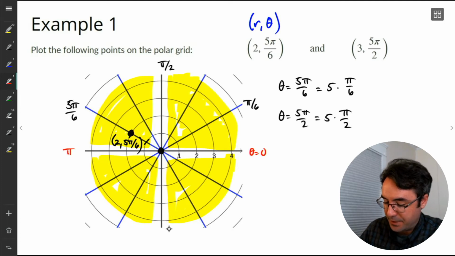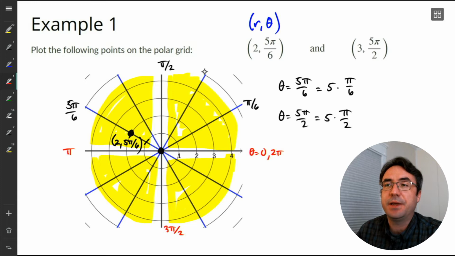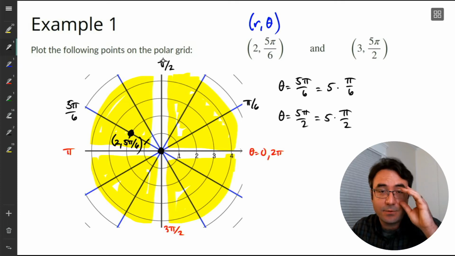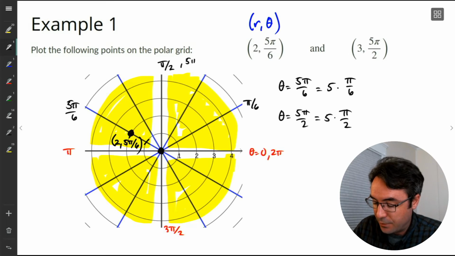Doing a third copy takes us to 3 pi over 2. Doing a 4th copy takes us back to our polar axis, but now we're at 2 pi, theta of 2 pi. And so we want to do 1 more copy, and that's going to take us right back up to here. So this is going to be another way to represent the positive y-axis, not only with pi over 2, but also with 5 pi over 2.